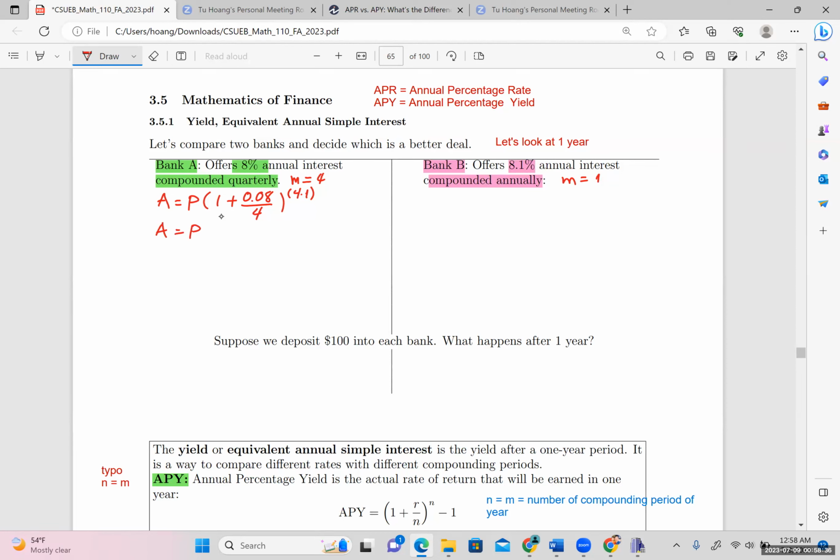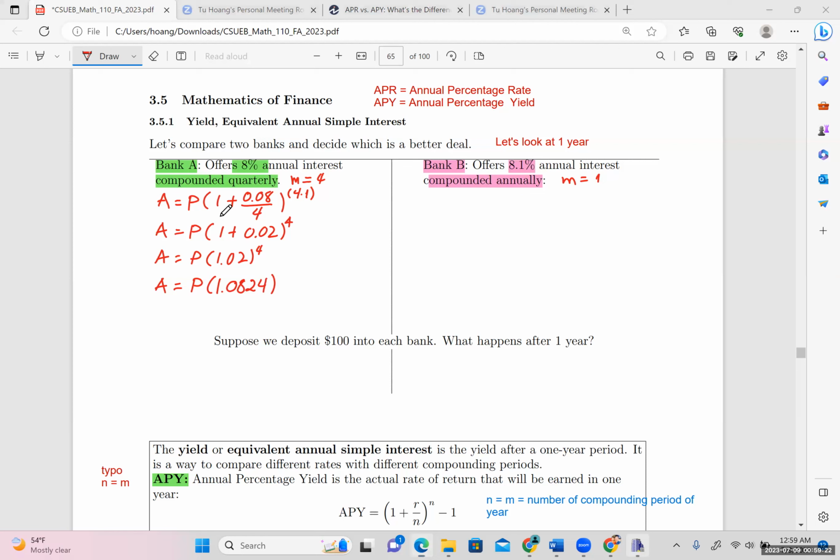A equals P times 1 plus 0.02 raised to the power 4. One more simplification: P times 1.02 raised to the power 4. And if you simplify with a calculator, you will have A equals P times 1.0824.